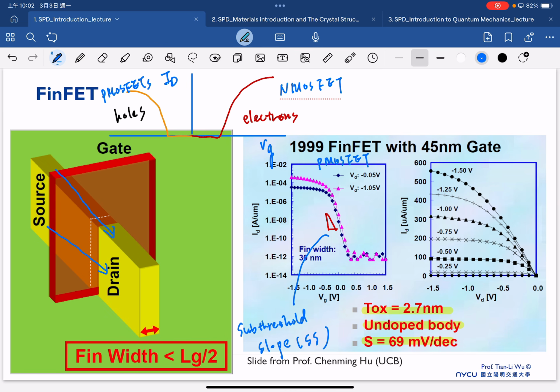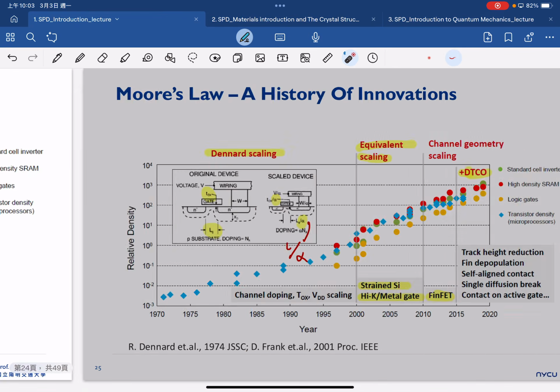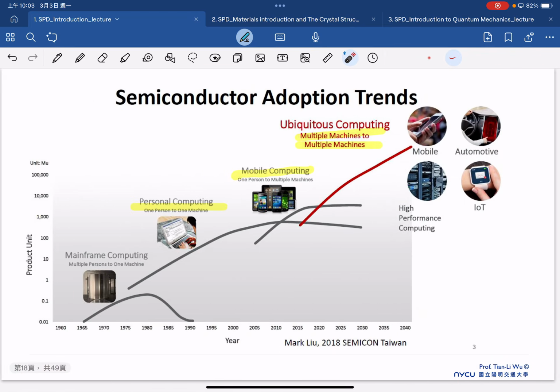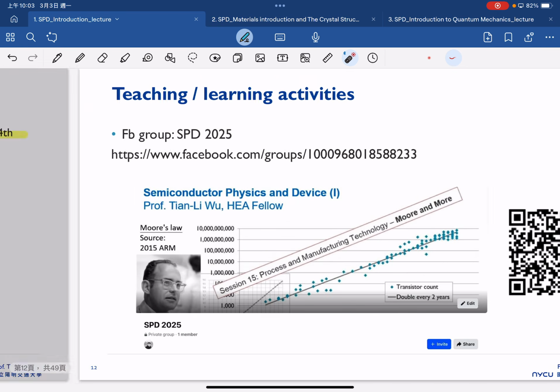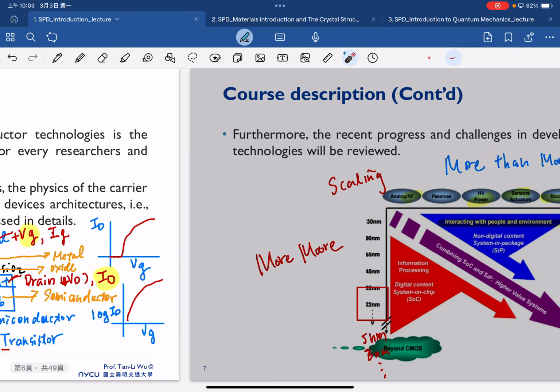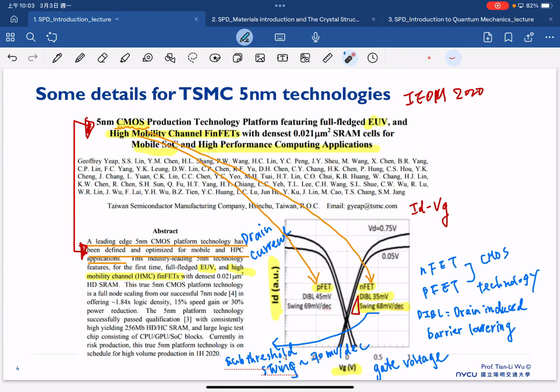So now we know the key performance index for a very advanced transistor. This is a figure published in 1999. If you look at the TSMC 5 nanometer technology we mentioned last time, I hope you can get familiar with this curve, because everything is the same.